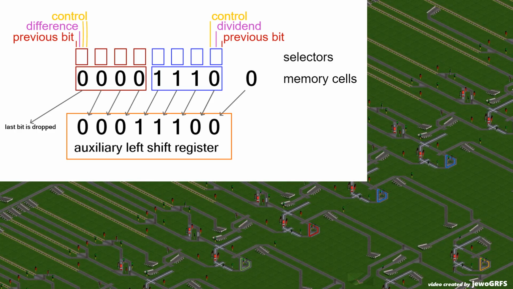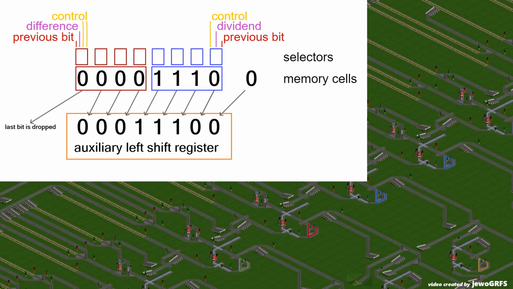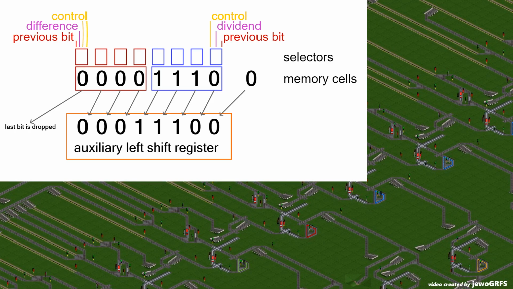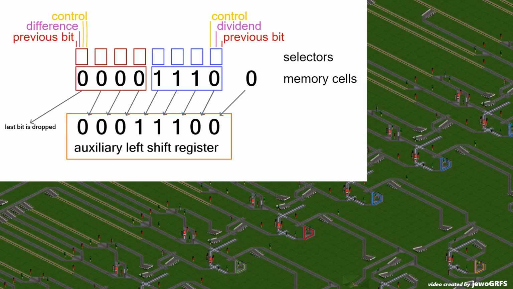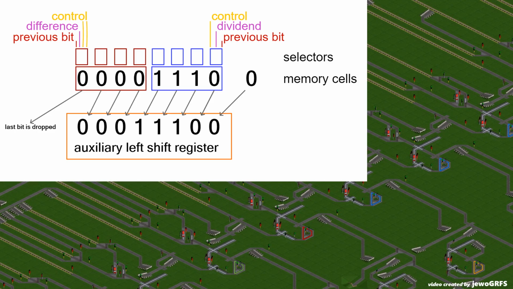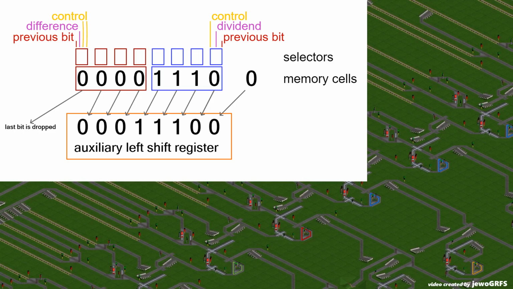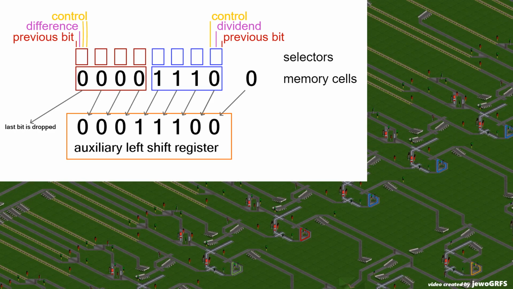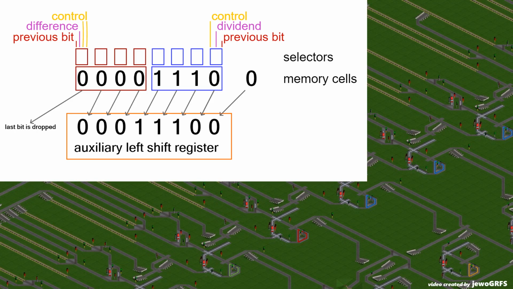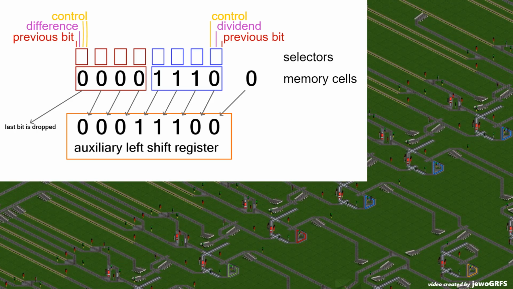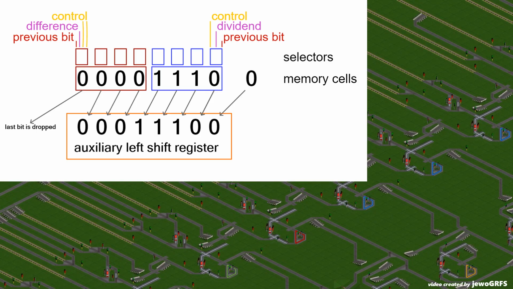The first bit on the right hand side, the least significant bit of that auxiliary left shift register, is connected to our quotient value. It's important to understand that this will work only when we get our subtraction result. So I will update this auxiliary left shift register only after we subtracted and we got our quotient result.